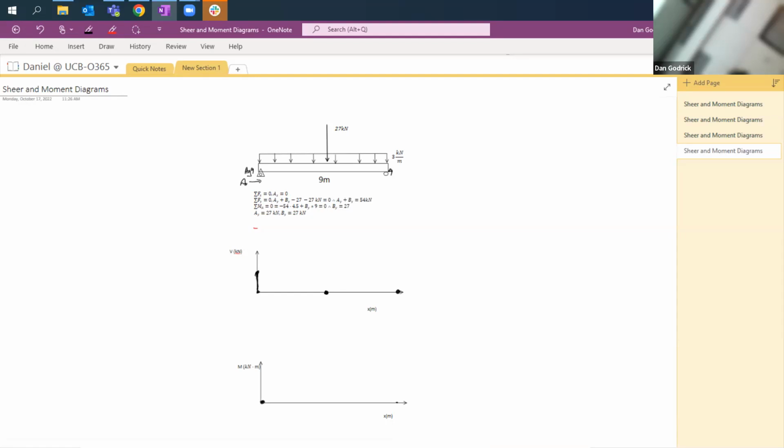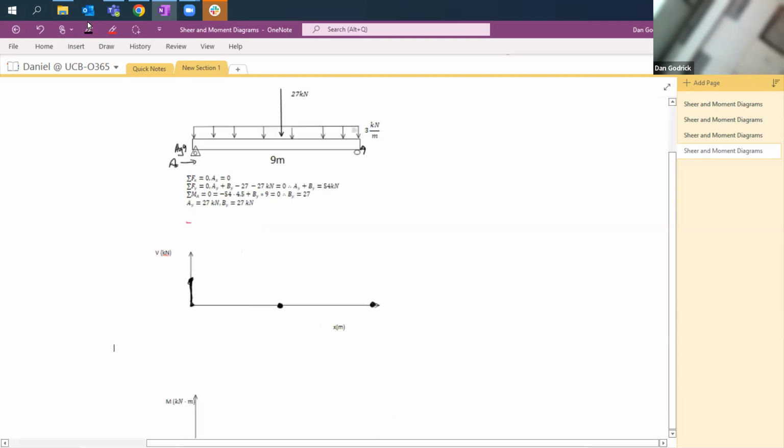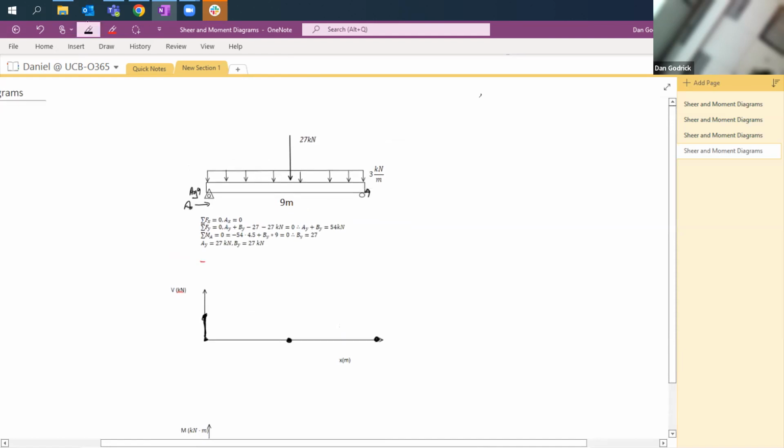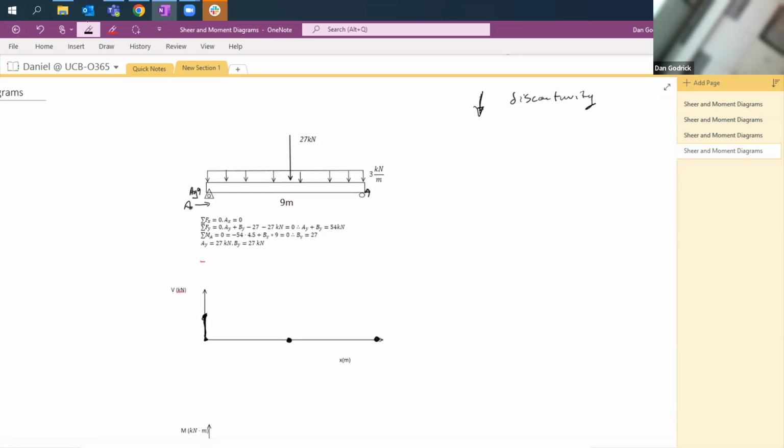So this video is going to combine our loading. So let's say we have not just a point load, but also a point load and a distributed load. One of the things that we talked about in our last video was how a point load is a discontinuity. And in our shear diagram, that discontinuity becomes constant terms.